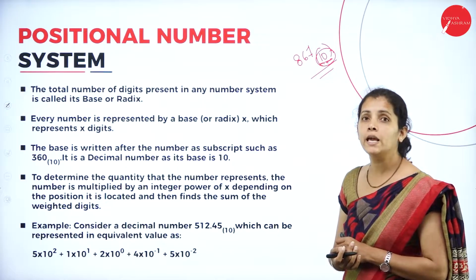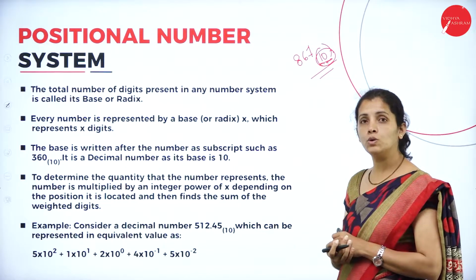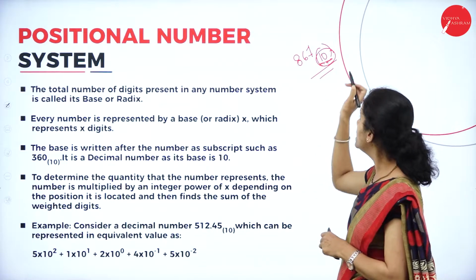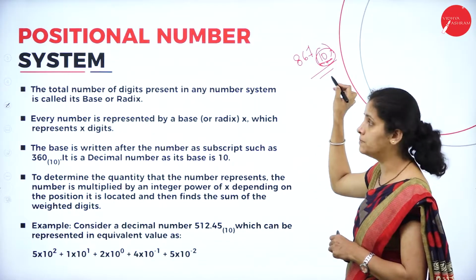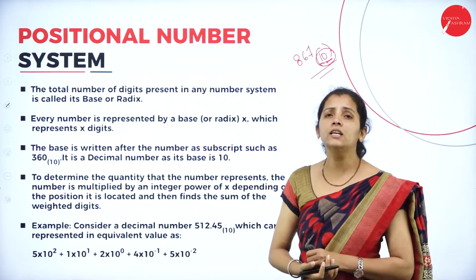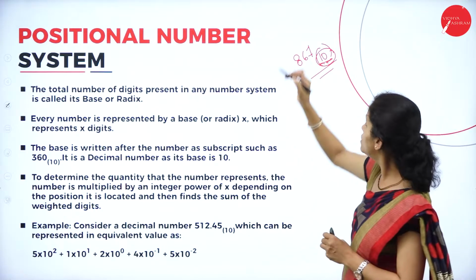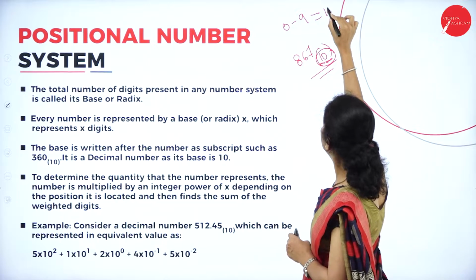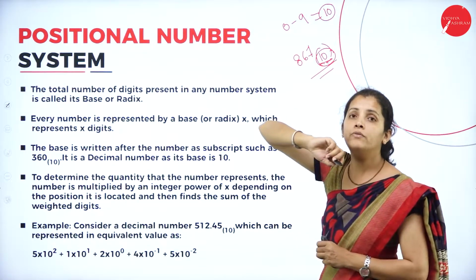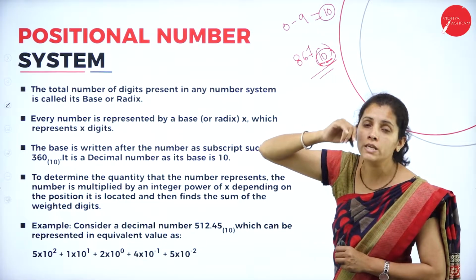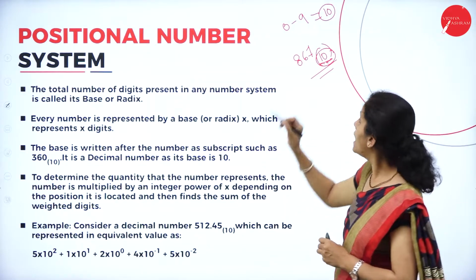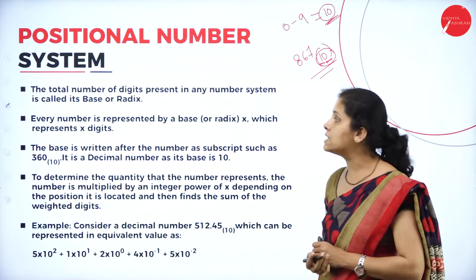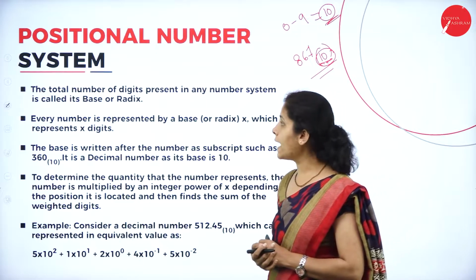That means I can use the numbers 0 to 9 in my decimal number system. So here the total number of digits, 0 to 9, is 10. So what is the total number of digits I can use here? That is 10. And this itself is known as base or radix.